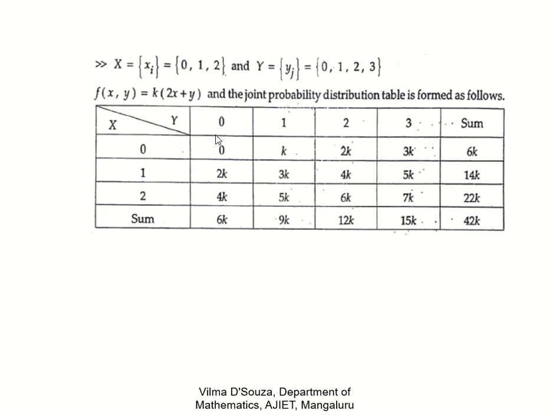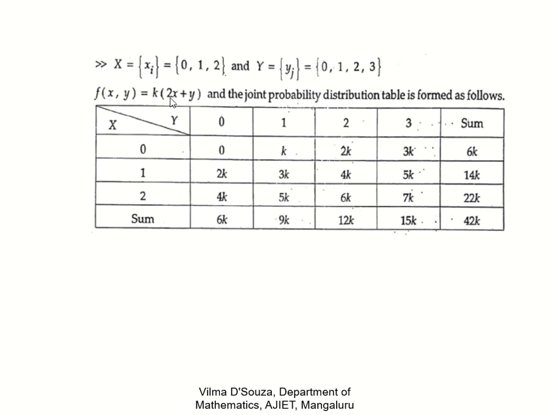When x is 0 and y is 0, it is 0. When x is 0 and y is 1, this is simply k. Throughout the first row x is 0, so for y equal to 2 it is 2k, and for y equal to 3 it is 3k.